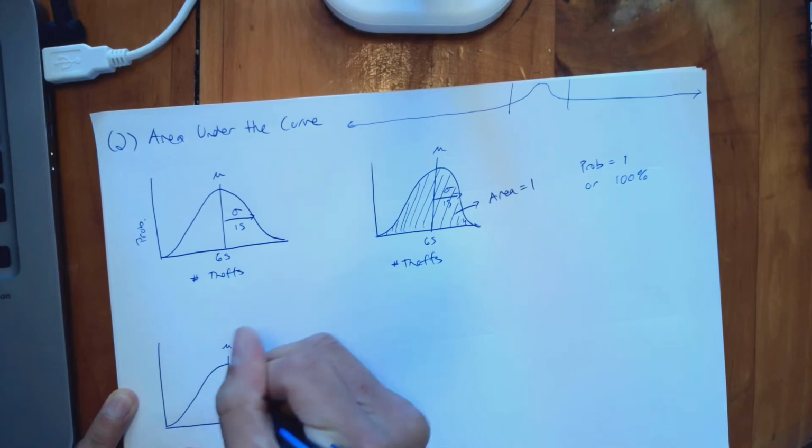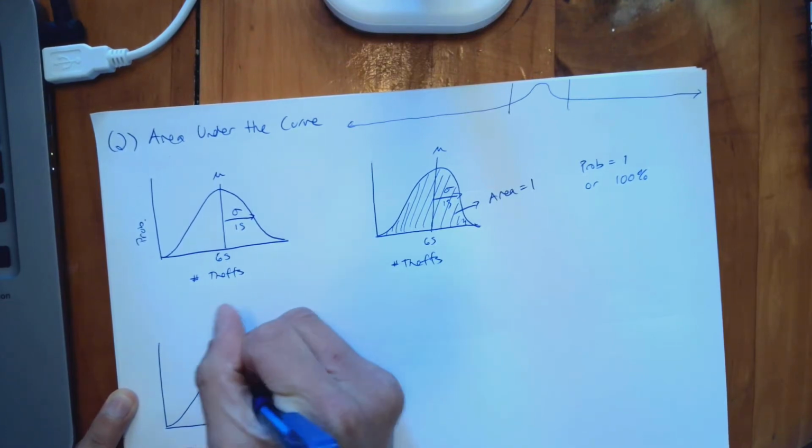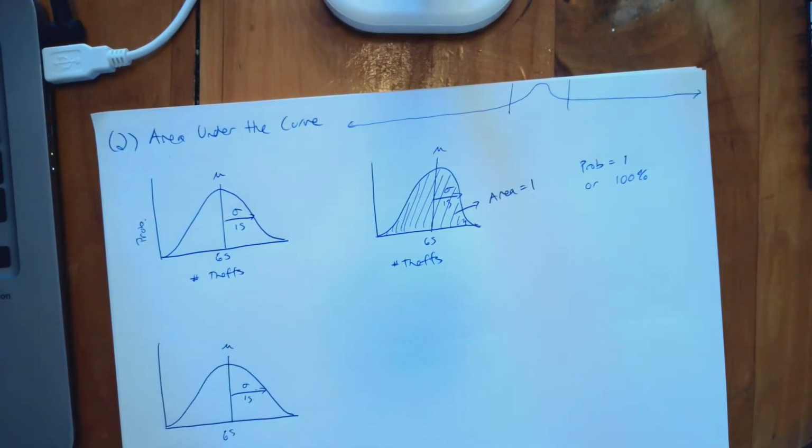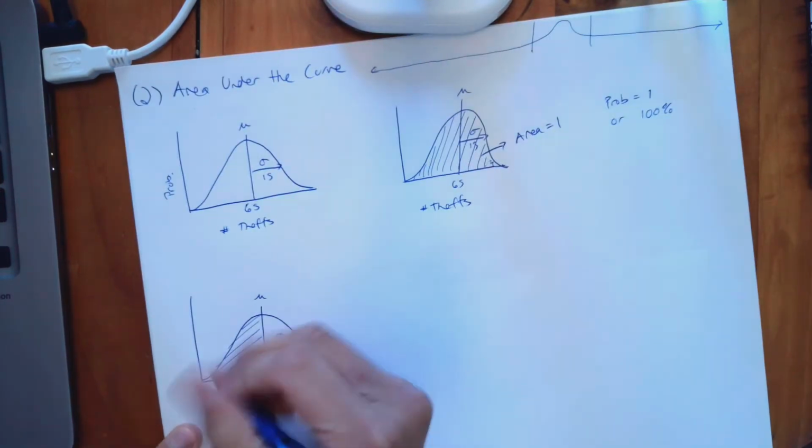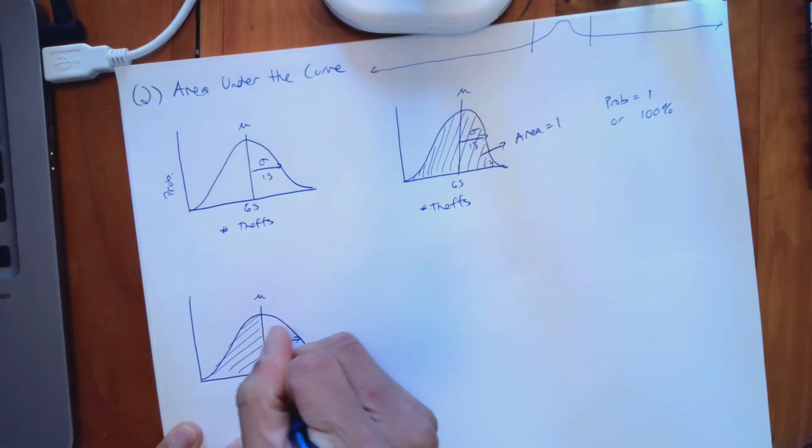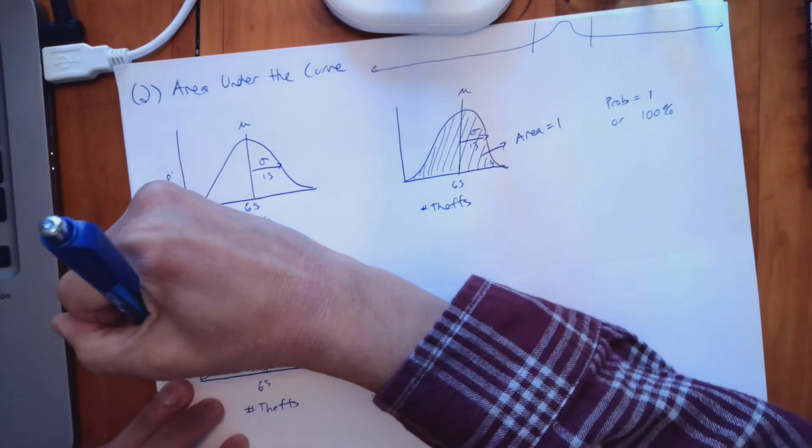Let's say we want to know the probability that fewer than 65 items are going to be stolen in a particular week. So I'll label this again, number of thefts, and this one probability.